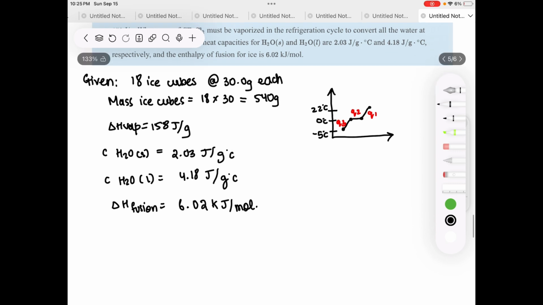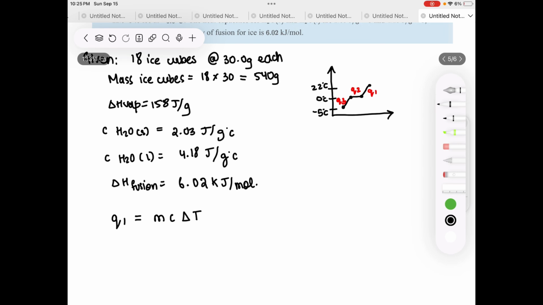Let us calculate Q1, which is equal to mass into specific heat and delta T. The mass is equal to 540 grams.